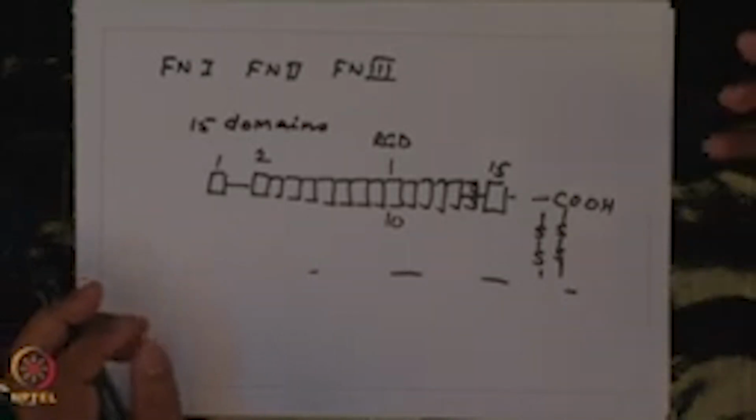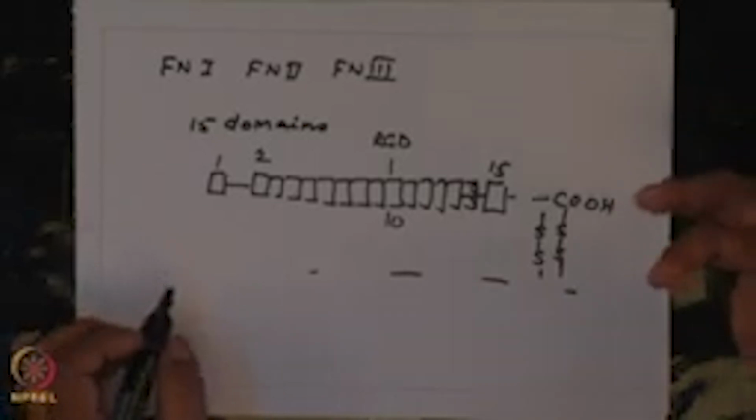Now, it is hypothesized that mechanical stretch induces unfolding of these modules or individual domains. Exposure of cryptic binding sites by unfolding triggers binding of other molecules, which drives not only matrix assembly but also regulates cell signaling.